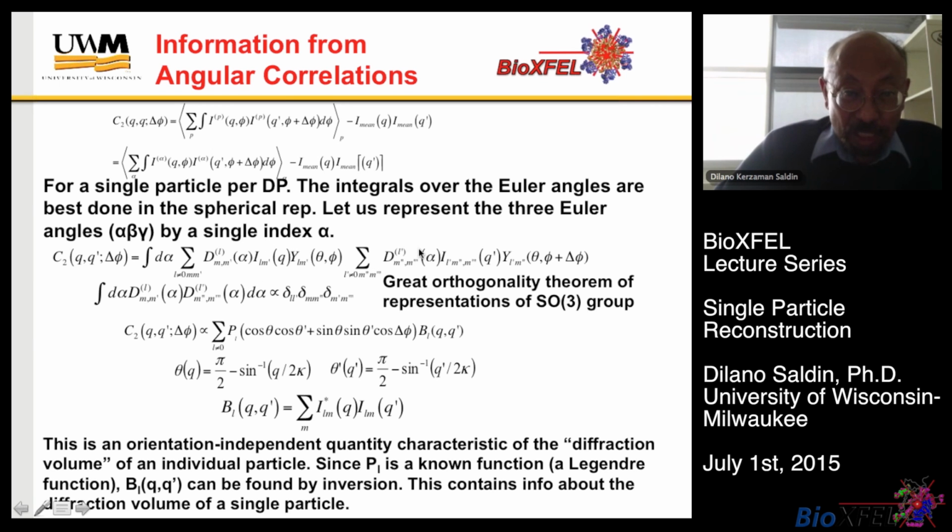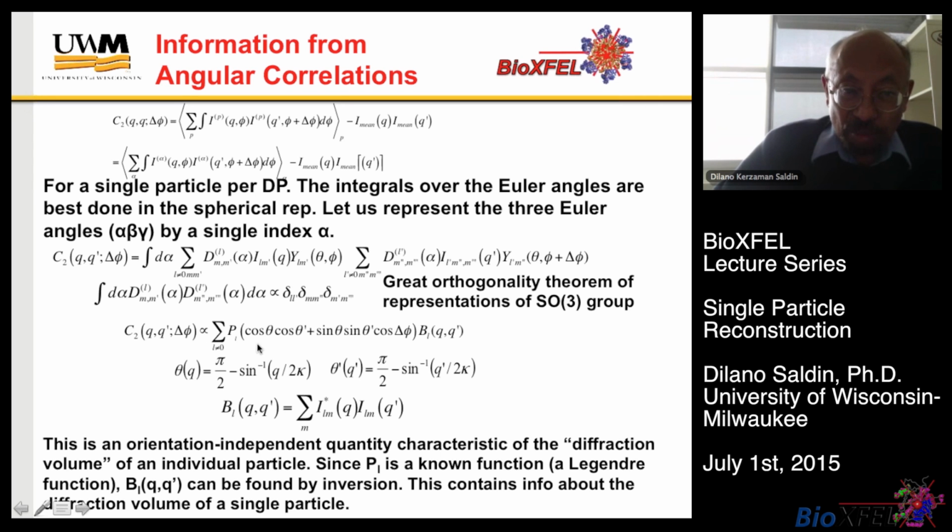If you look at this expression here, it helps a lot to first do the integration over all possible orientations of the particle, because this particular integral of the products of representations of the SO(3) group satisfies what's called the great orthogonality theorem, which allows you to simplify the expressions on the right here, which otherwise have a huge number of indices. I think they have 8 indices.